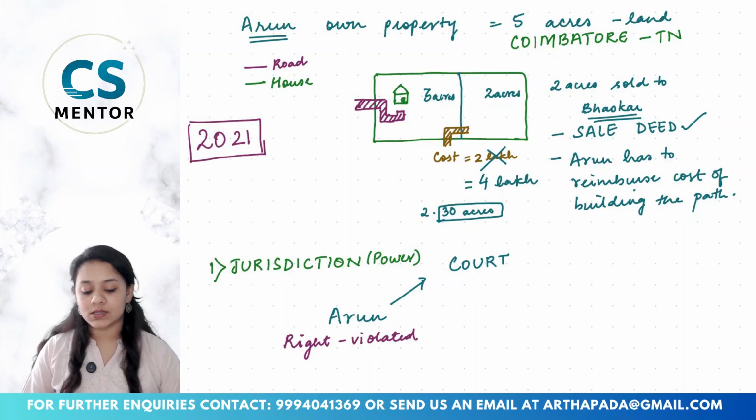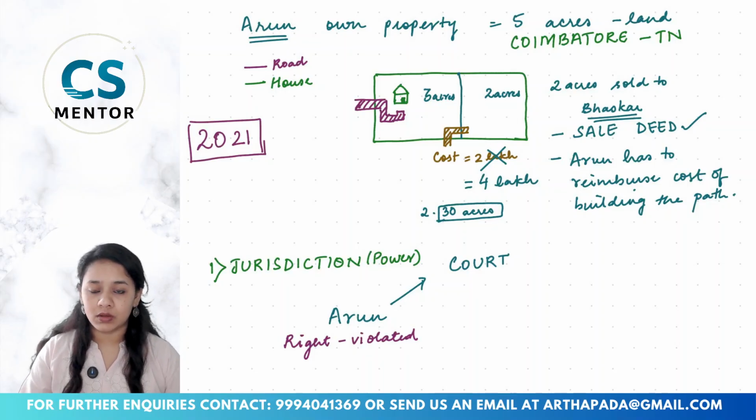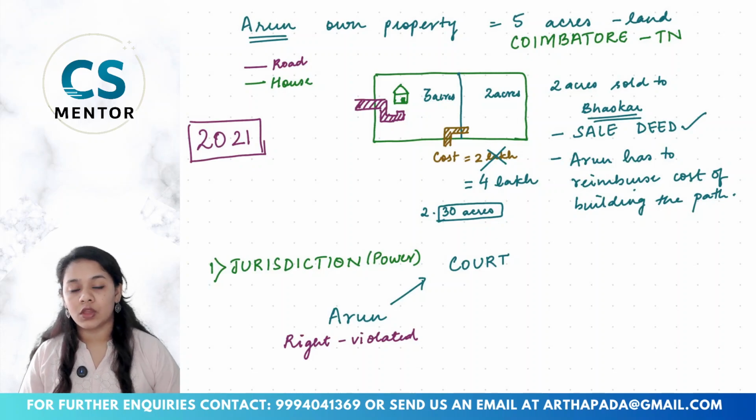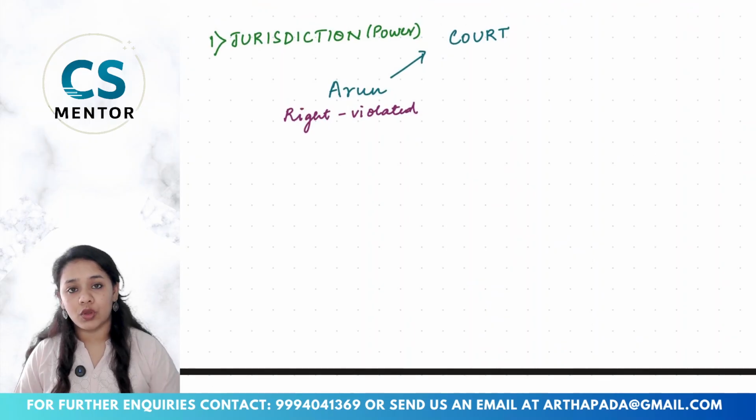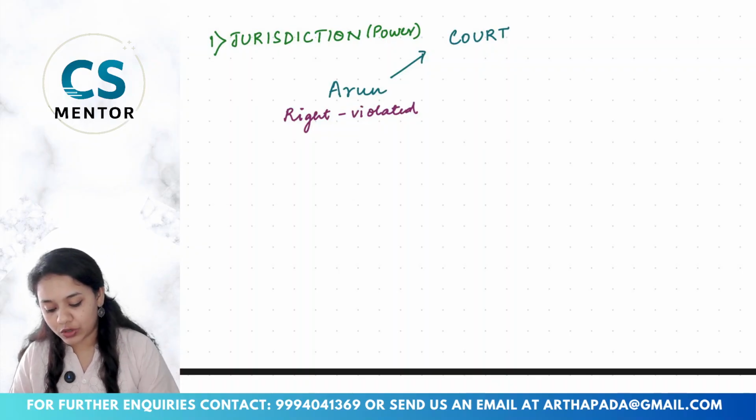Now, the question is, when all these issues happened, is it right for Arun to come before the court of law after 10 years, or after 20 years, or even after 30 years, or after 50 years? No. Arun should try to come before the court of law within a specified amount of time. And this has its own reasons, and that reason is what we call the limitation.